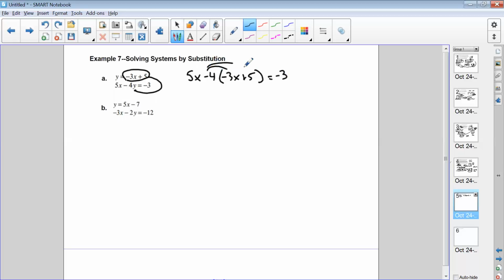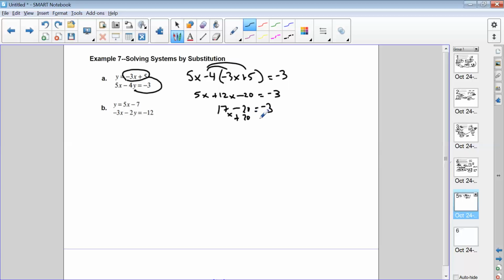So now I'm going to distribute, and I get 5x plus 12x minus 20 is equal to negative 3. I'm in terms of x, so that's going to give me 17x minus 20 equals negative 3.